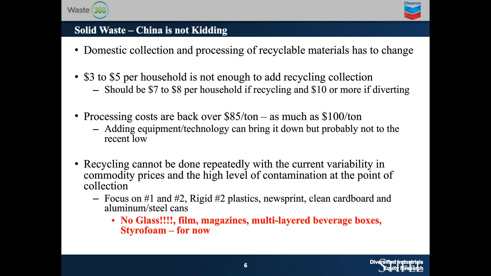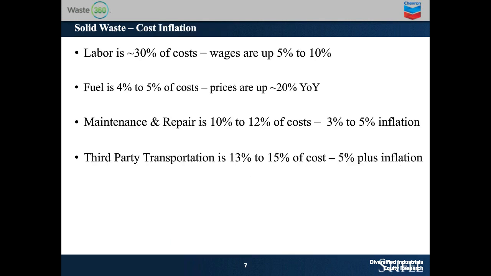So now let's come back to this inflation issue. Labor is 30% of your cost. Wages are up 5 to 10%. If a truck breaks down and you now have incurred unproductive overtime, you have sent out another truck out there, you can see what's happening to labor and what it does to inflation. Fuel's 4 to 5% of total cost, and fuel prices are up almost 20% year over year and continue to rise through the years.